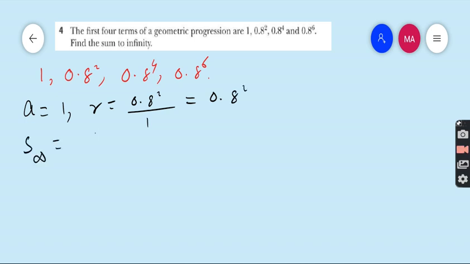The sum to infinity formula is a upon 1 minus r. a is 1, r is 0.8 squared.